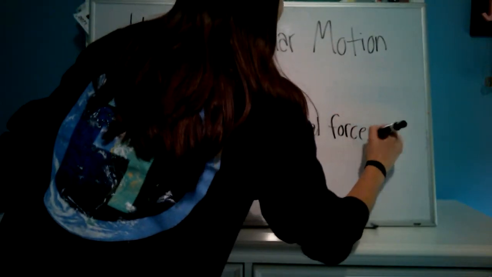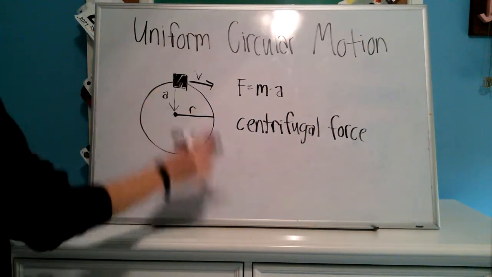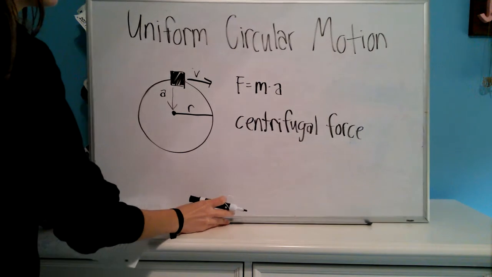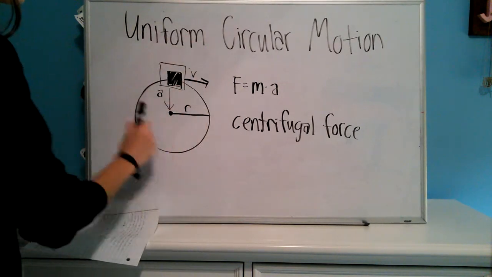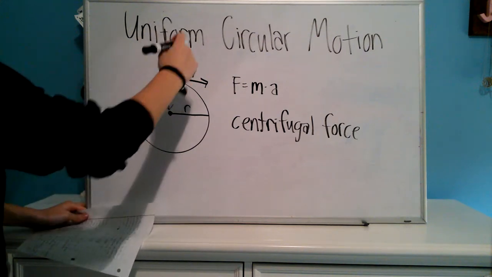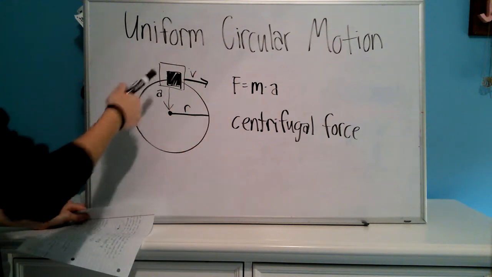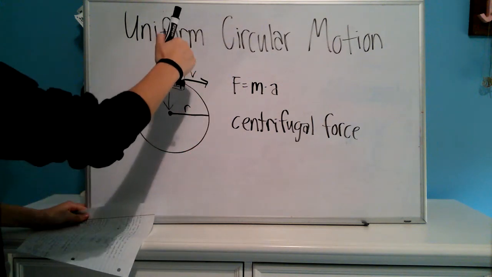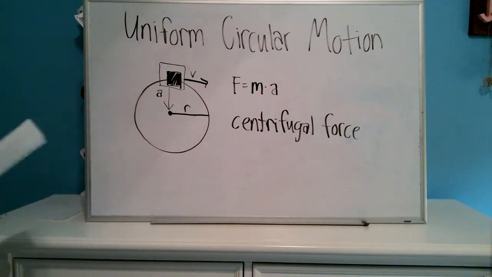Basically, why this is happening is you have this tangential velocity, right? But you have a car around you, and this car is moving in a circle. So you want to keep going straight, but the car that's moving in a circle is pulling you in, just like the acceleration is pulling you in that circular motion.